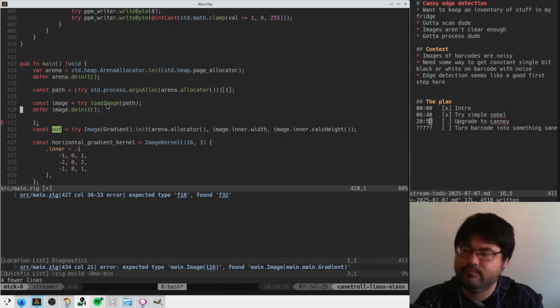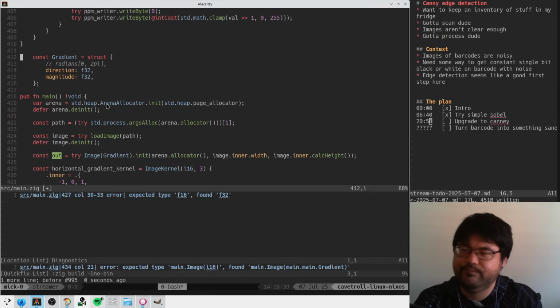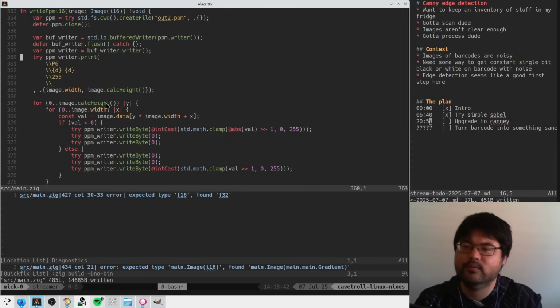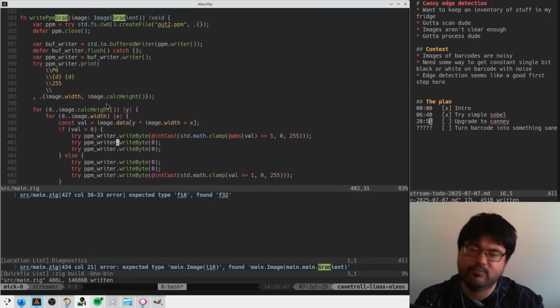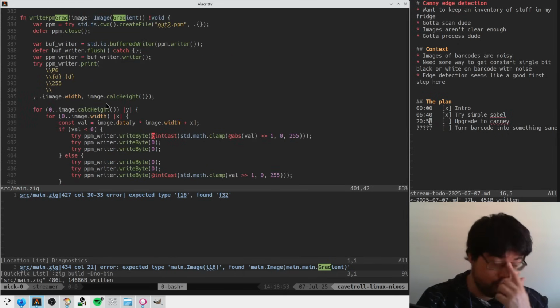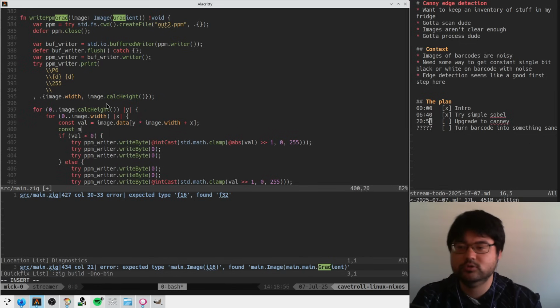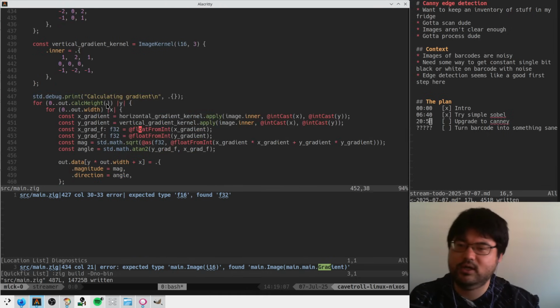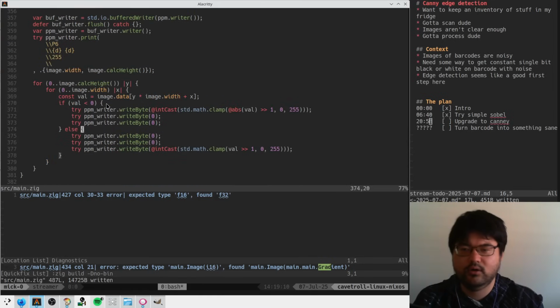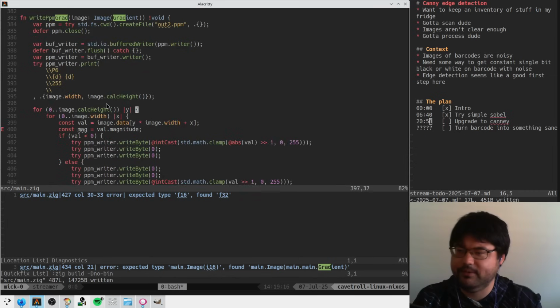So, what does this do? Let's just write the magnitudes out for a minute. Mag is val magnitude. I guess we do something like... Where am I?